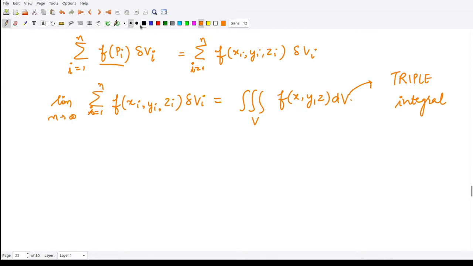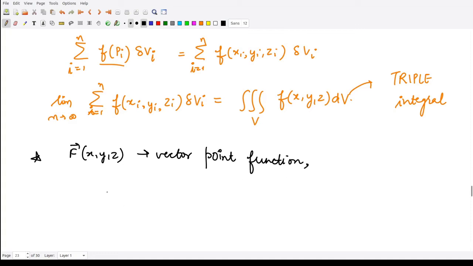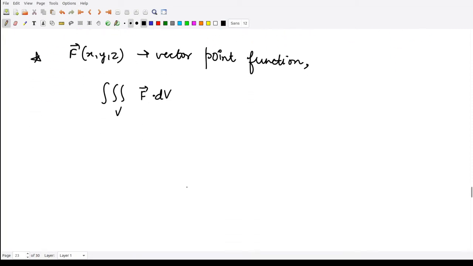Moreover, in terms of vectors, if this vector f is some vector point function, in that case our triple integral is defined to be the integral of f dV, right? So this is our triple integral. And how can we calculate this triple integration?